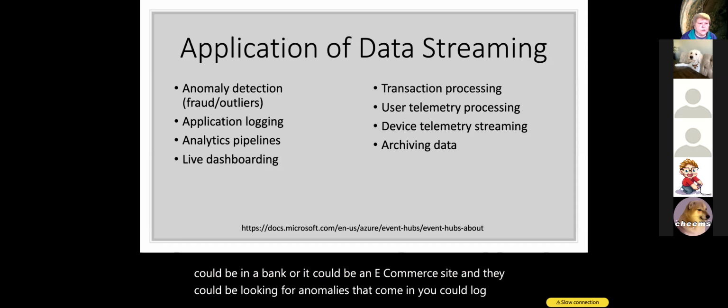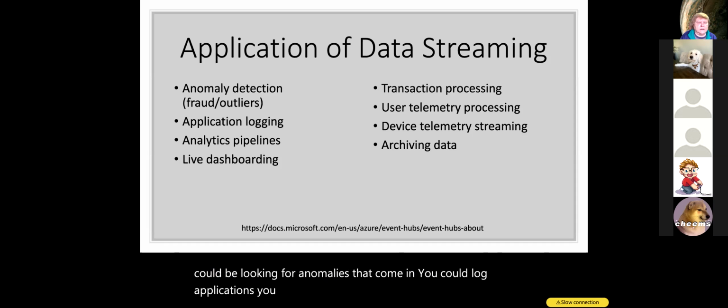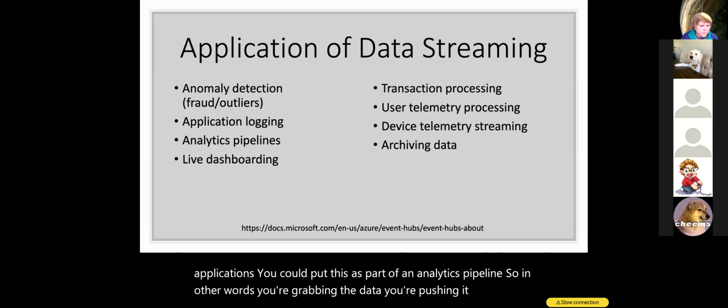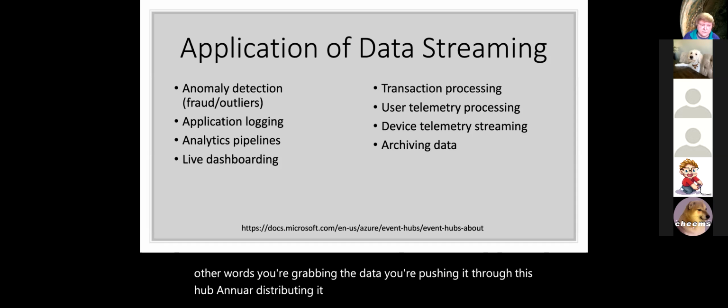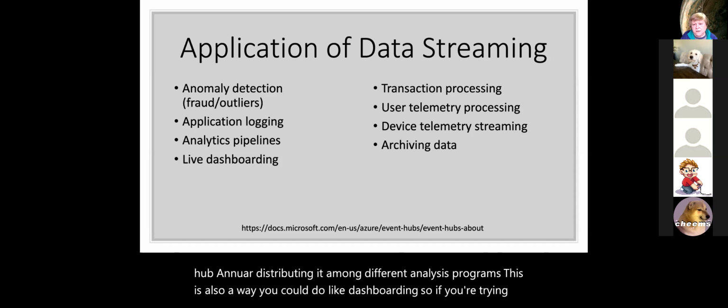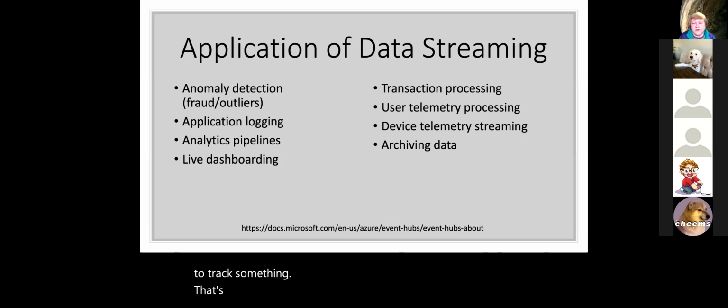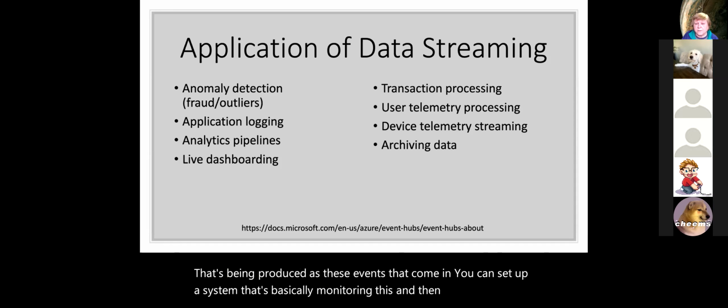You could put this as part of an analytics pipeline, so you're grabbing the data, pushing it through this hub, and distributing it among different analysis programs. This is also a way you could do live dashboarding. If you're trying to track something produced as events come in, you can set up a system that monitors this and shows people live what's coming into the dashboard.